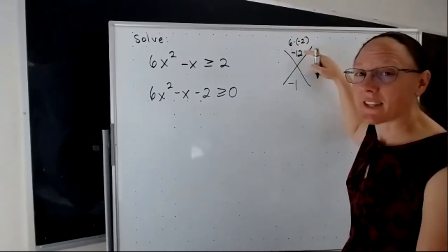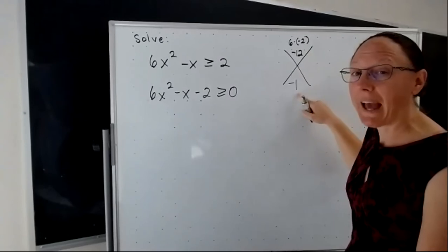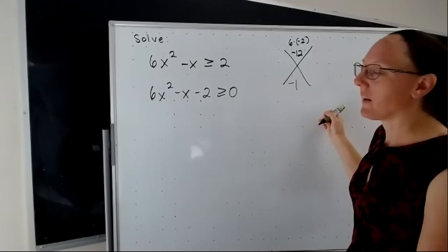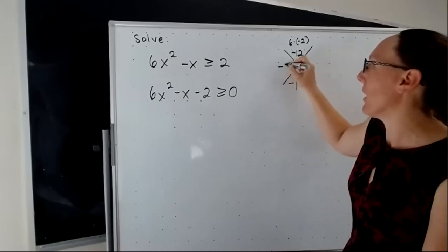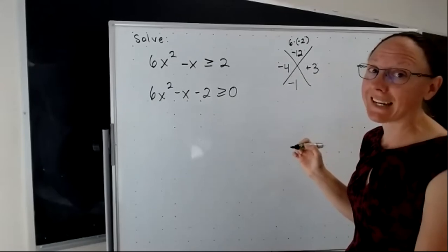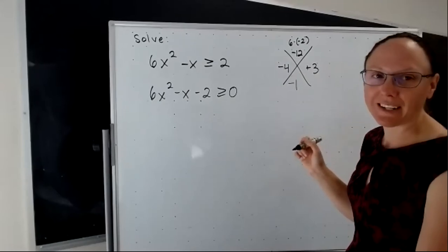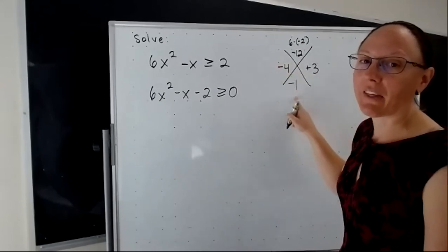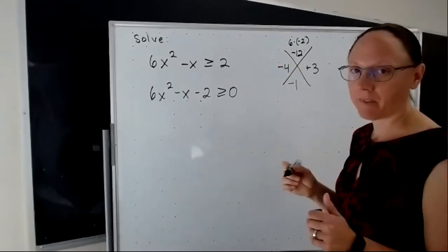I need 2 things that multiply to be -12, but add to be -1. And I'm thinking those 2 things are going to have to be a -4 and a +3. And yes, it matters which one is which. I need my 4 to be negative so that when I add them together, I end up with a -1.